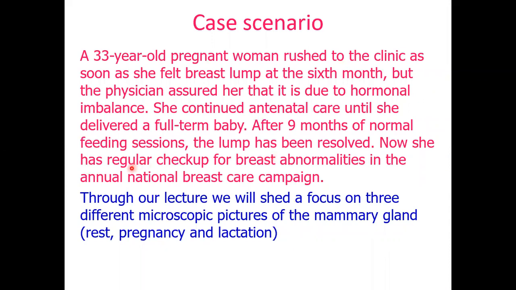Now she has a regular checkup for breast abnormalities in the annual National Breast Care. So through our lecture, we are going to focus on 3 different microscopic pictures: mammary gland at rest, mammary gland during pregnancy, and mammary gland during lactation.